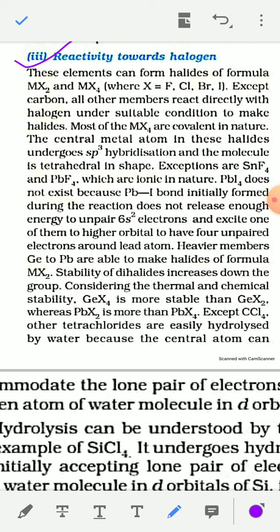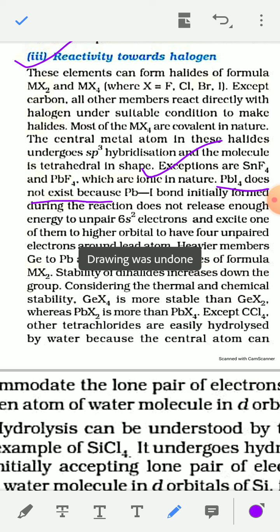Except carbon, all the other members react directly with halogen under suitable conditions to make halide, and most of the MX4 are covalent in nature. The central metal atom in this halide undergoes sp3 hybridization and the molecule is tetrahedral in shape. Exceptions are SnF4 and PbF4, which are ionic in nature, and PbI4 does not exist.